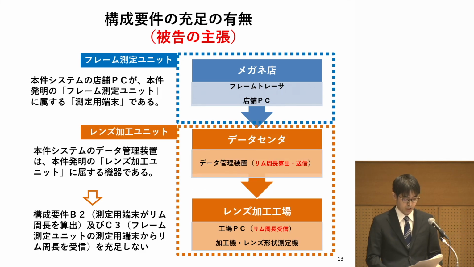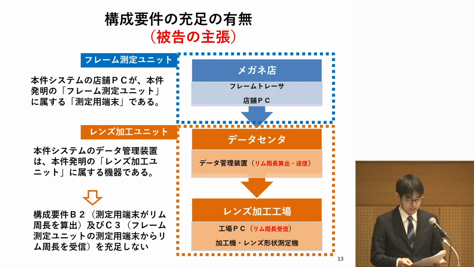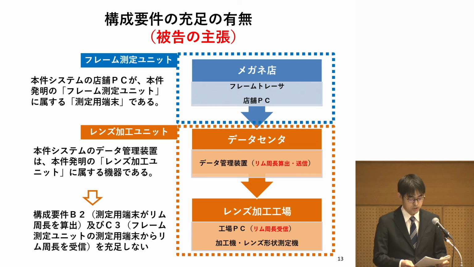Please look at slide 13. In response, Donkey argues that the data management device of this system is a device belonging to the lens edging unit of this invention, and that the shop PC of the system corresponds to the measurement terminal belonging to the frame measurement unit of the system, and that this system does not belong to the technical scope of the invention.